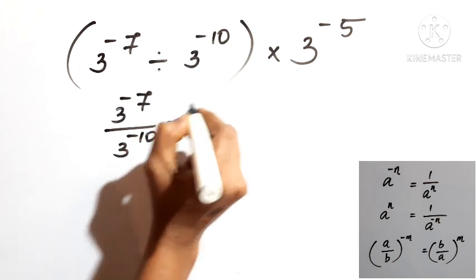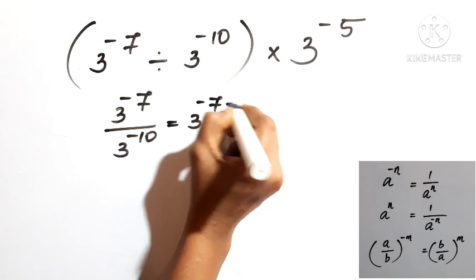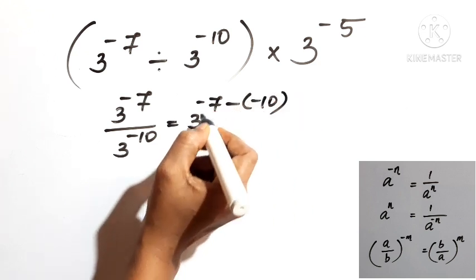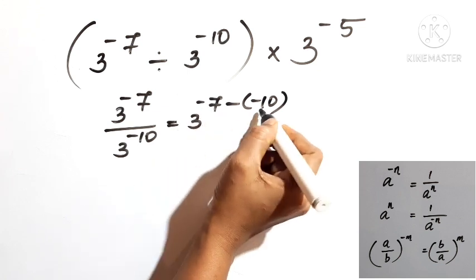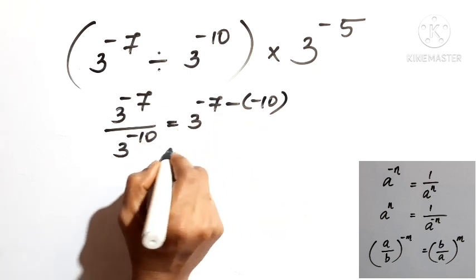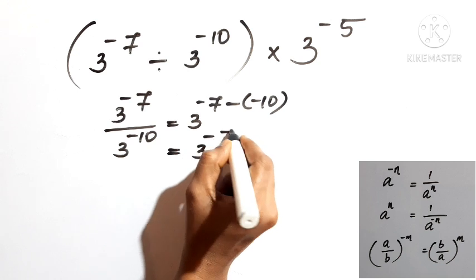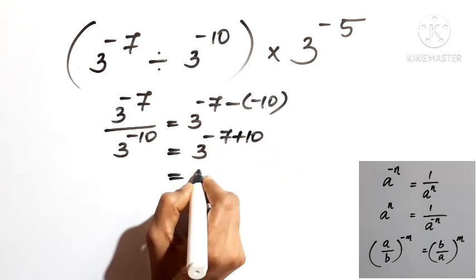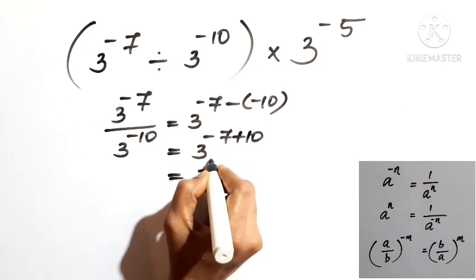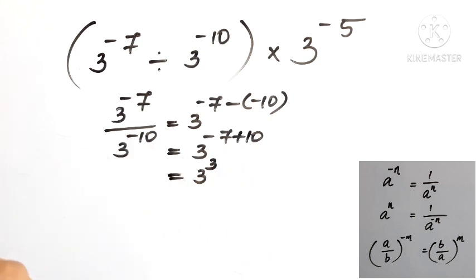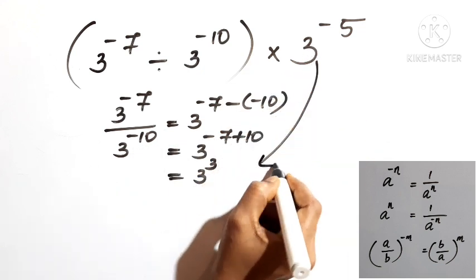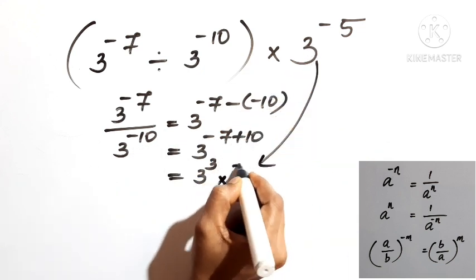Equals 3^(-7-(-10)). Here a is 3, m is minus 7, n is minus 10, equals 3^(-7+10) equal to 3^3. Okay? Into 3^(-5).